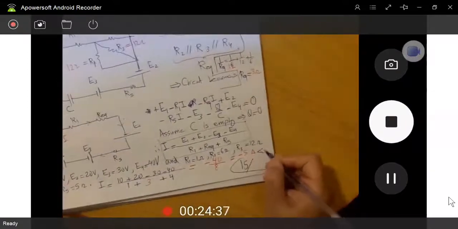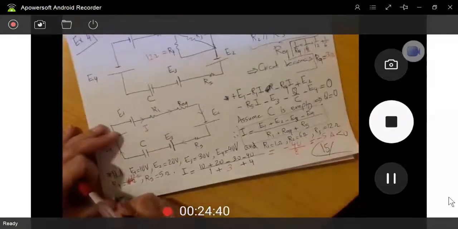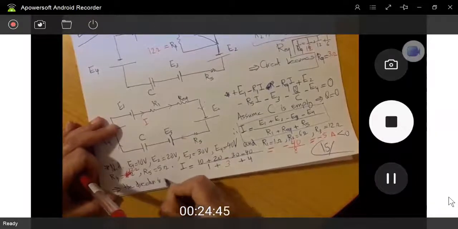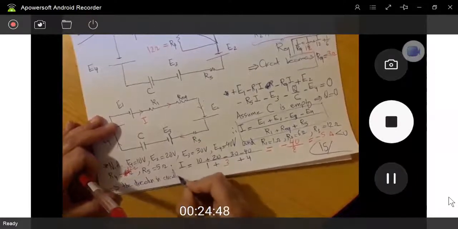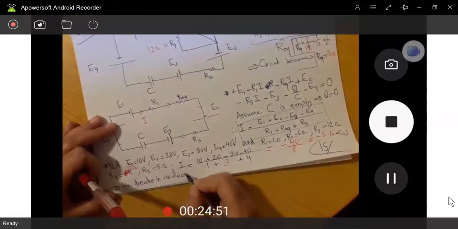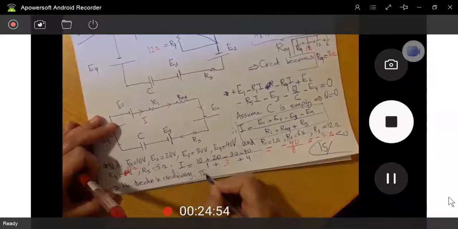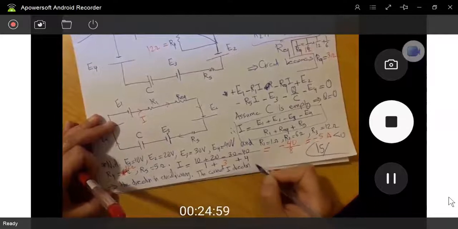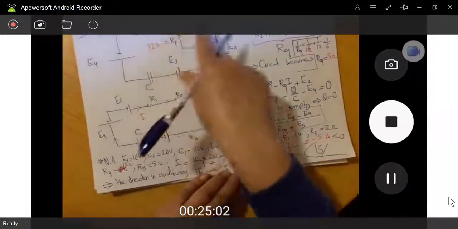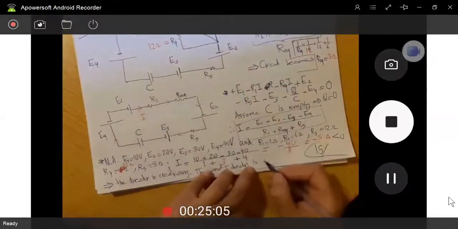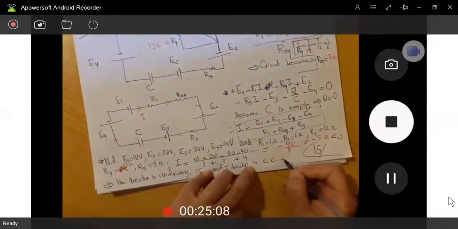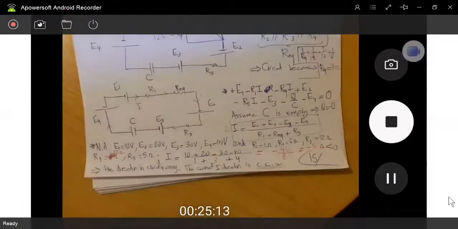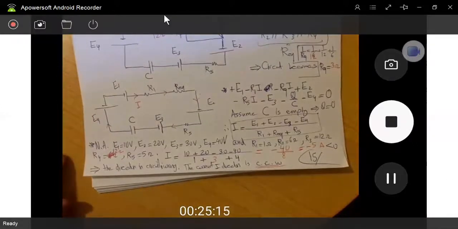Being negative implies the direction of the current in the circuit is wrong. The correct direction of I is, since I chose clockwise, counterclockwise. Fine, ladies and gentlemen, I will end here. It got long.